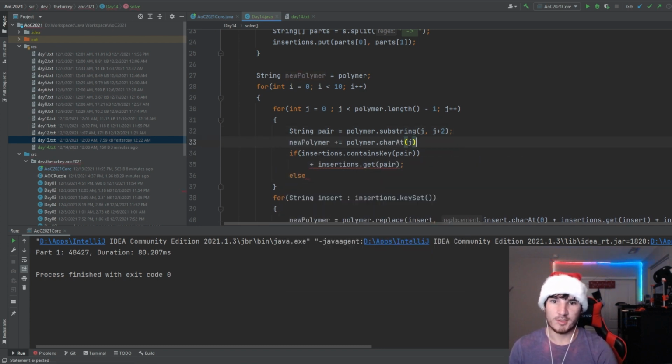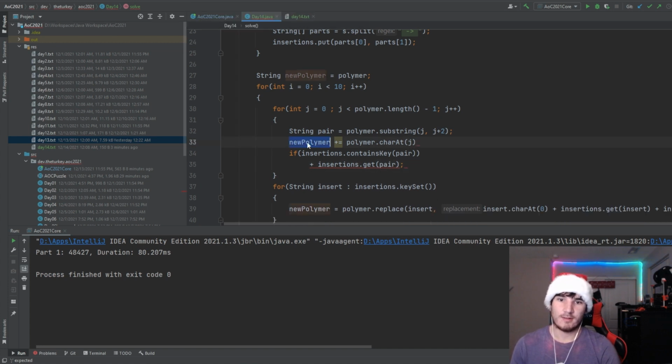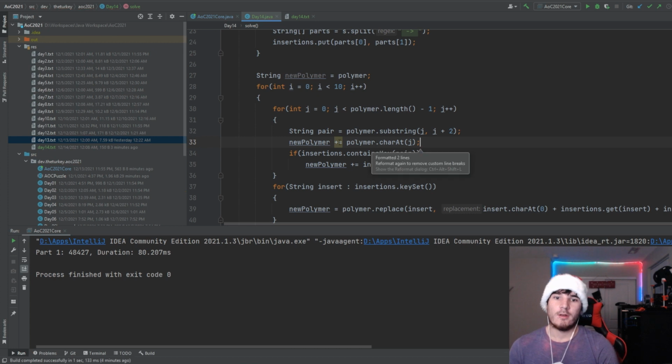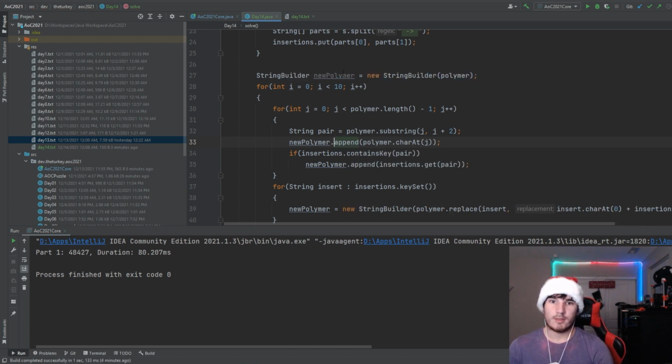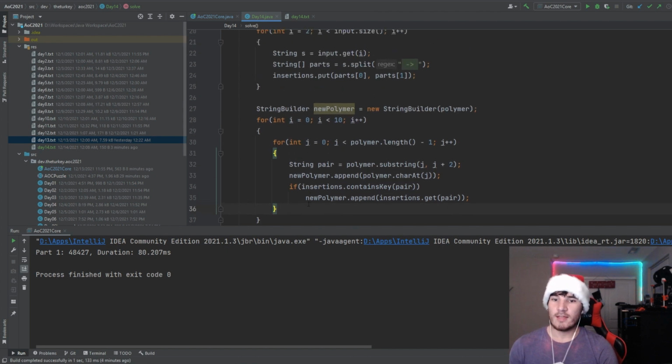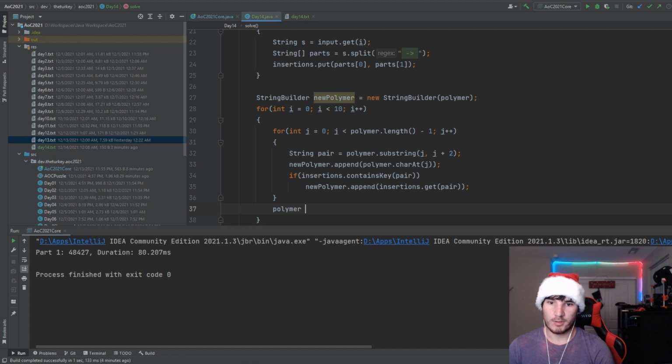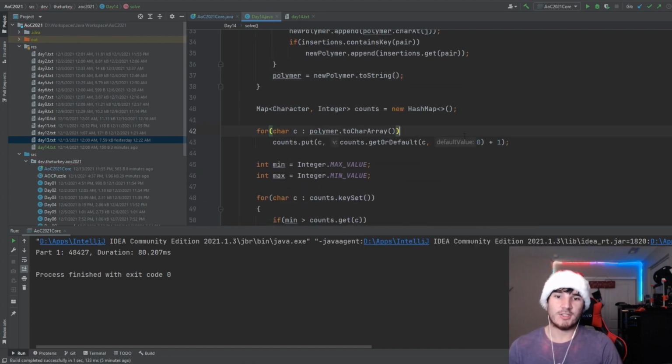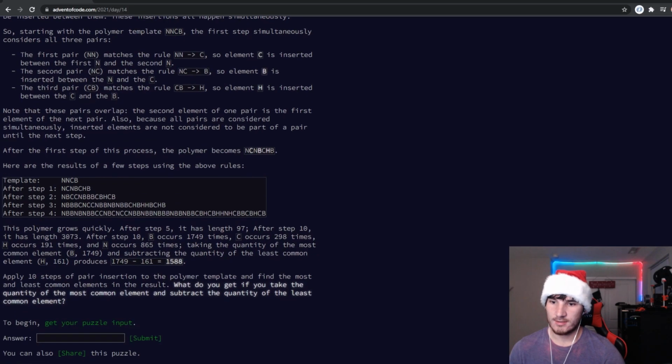So actually, we should be always doing that. There we go. Always do that. Sure, create a string builder, that's fine. That goes away. And then after every step, we just do polymer equals new polymer to string. That should then save it to where we only do this turn's worth.